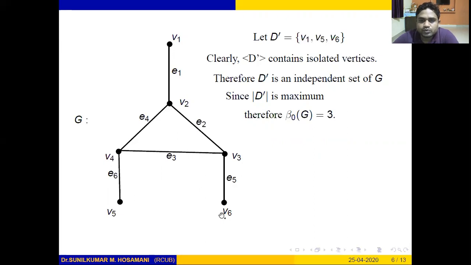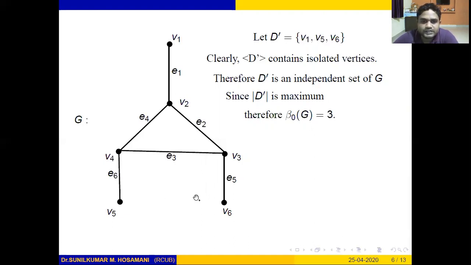Suppose now I have to prove that this is a minimal dominating set. If I remove any one vertex from this set, say V1, I will get V5, V6, and V5, V6 is not a dominating set because this set does not cover the vertices V1 and V2. Next, if I remove V5, I will get V1 and V6.